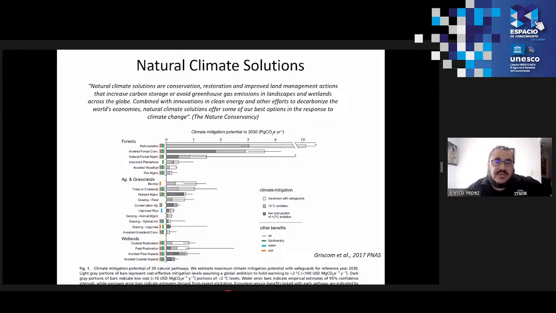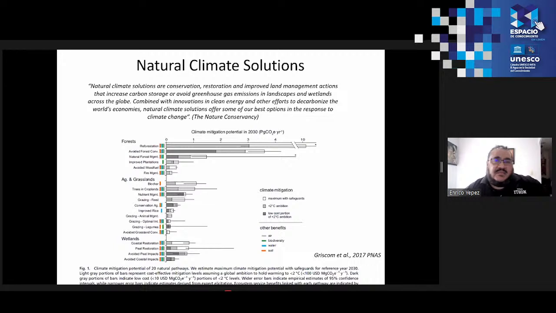As we can see in this figure, if we manage or propose how to manage different ecosystems, we can perhaps propose different levels of mitigation that we can get from managing these systems. The potential for a mitigation strategy is big.